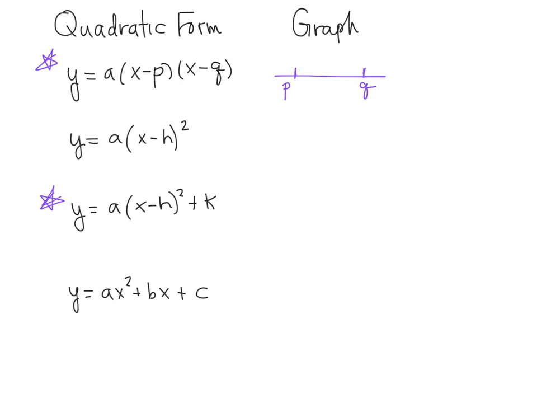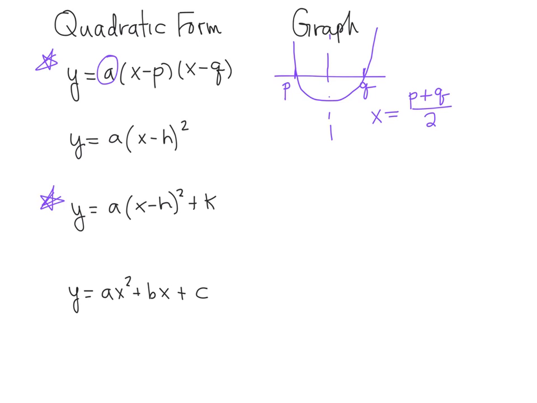And depending on whether a is positive or negative, it's going to be concave up or concave down. Let's assume that a is positive, so it's concave up. So the graph will look like this. Quadratic functions come with a line of symmetry. That line is x is equal to (p plus q) divided by 2.